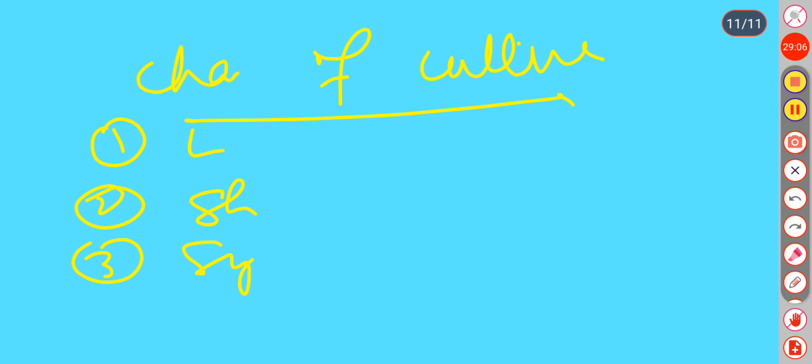Fourth thing is dynamic, which means it changes over time. Definitely everything changes over time. The fifth thing is integrated, which means all parts are connected together.